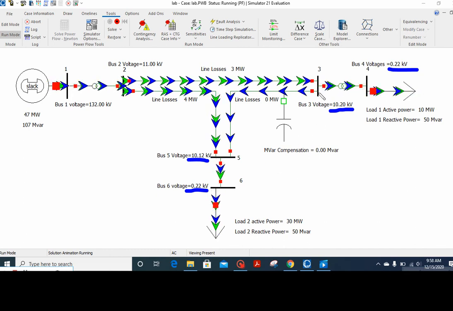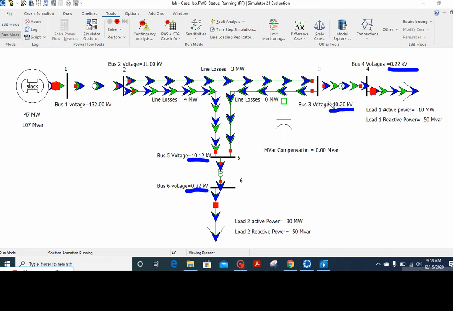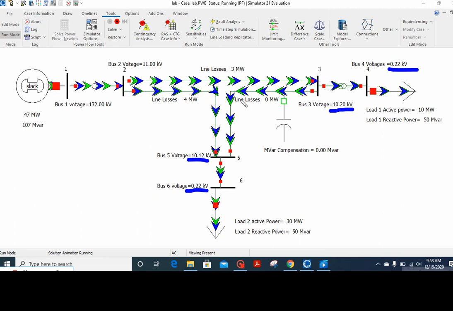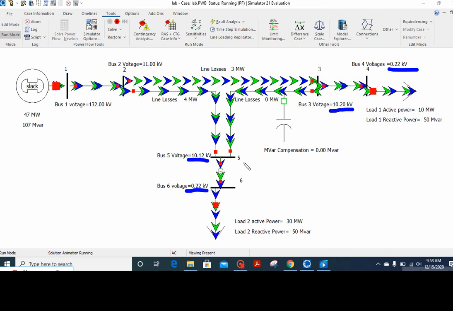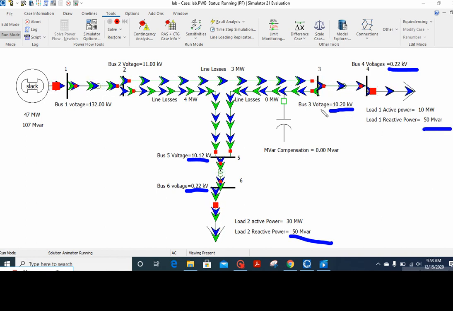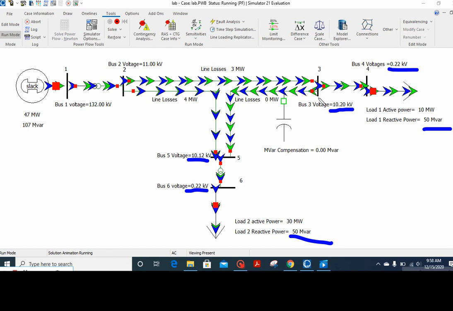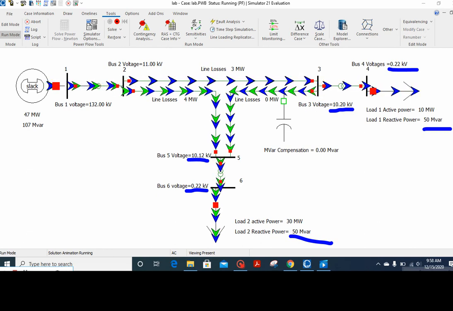Although we were rated here for 11 kV, due to line losses and line drops, and excessive reactive power demand, we are getting this voltage here.